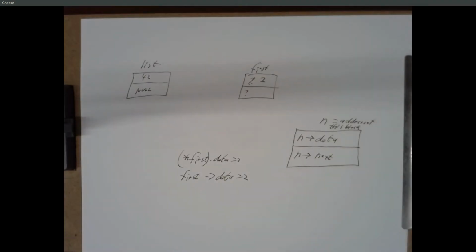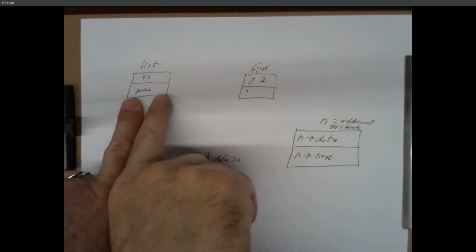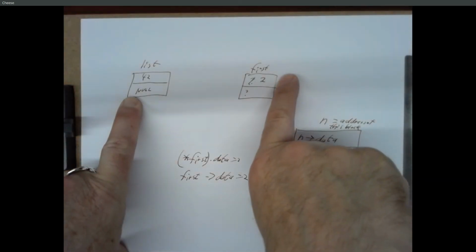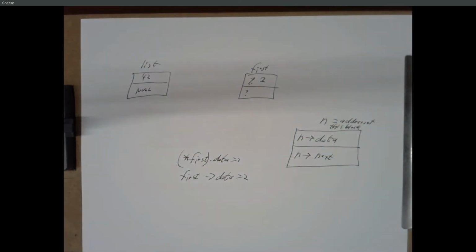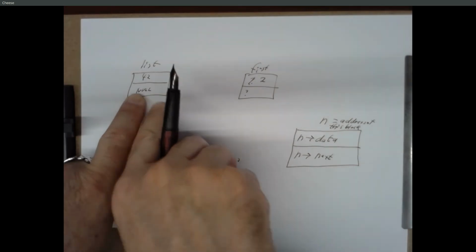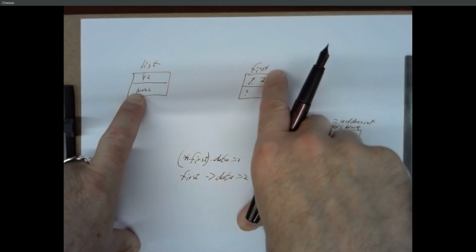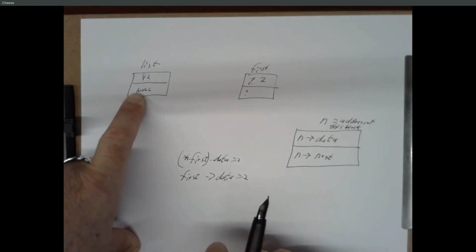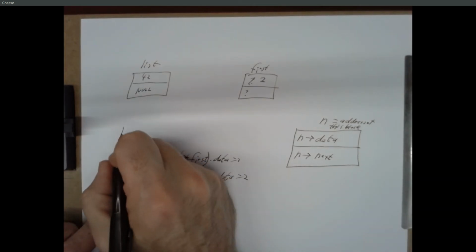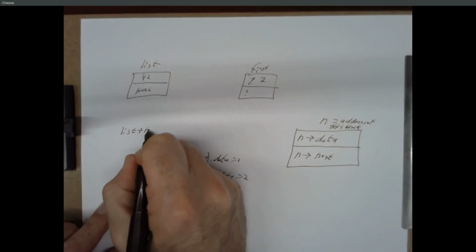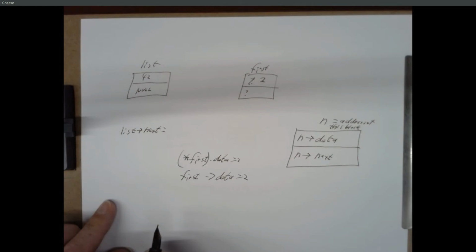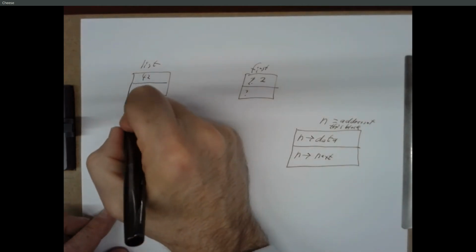All right, and then we want to connect this into a linked list. So we want list's next pointer to point to first. This is what you started to say a moment ago, I think. So how will we make this block down here point to this node over here? List arrow next equals star first. So list arrow next, that's this block down here.